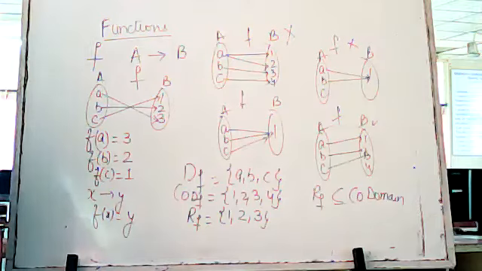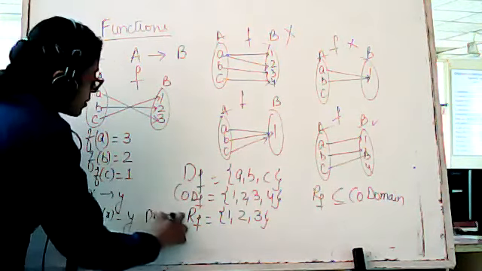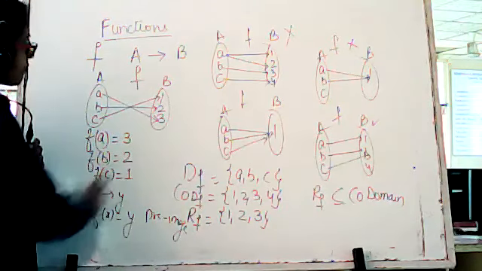f of x is equal to 1. And we say that x is the pre-image of 1.